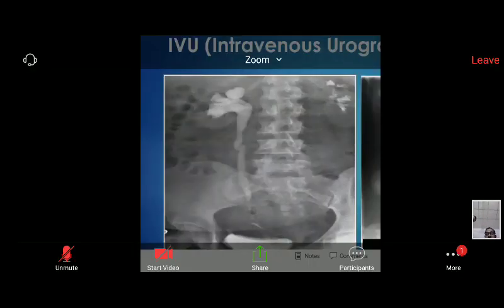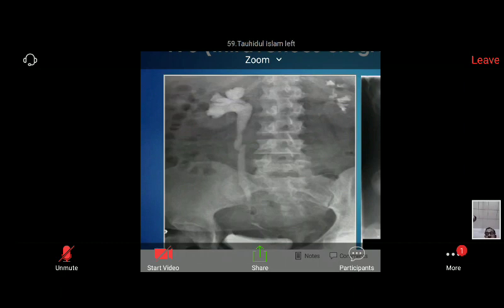On the left side, there is a normal pelvic system, but on the right side there is a dilated pelvic system. Also the ureter is dilated. So this is the intravenous urography showing dilated pelvic calyces.